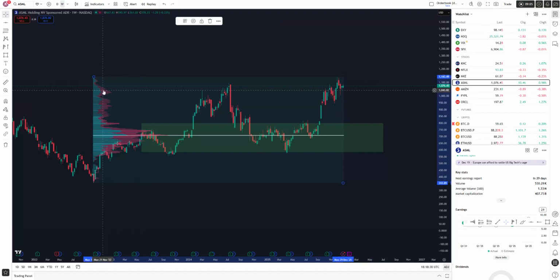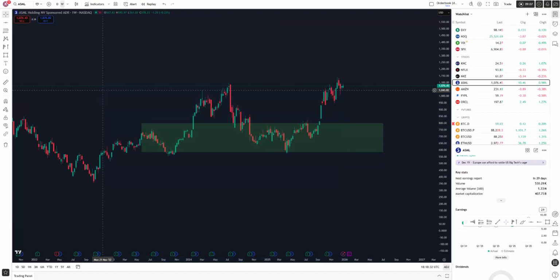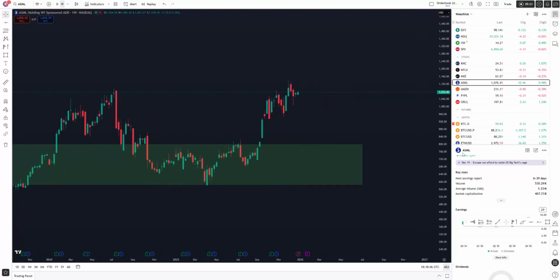Let's say you believe this company is gonna do very well this year. You can be more aggressive. Let's say you work at ASML or you track ASML, and you think, I cannot wait this long, I think price from this point is already going to go higher. That's also fine. What you can do is do it more locally. You can track it from the latest swing, so you can go from here to here.